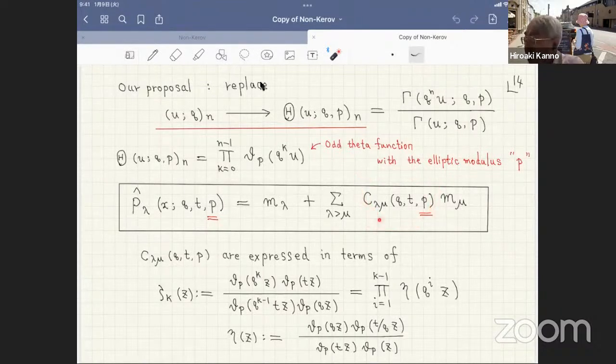Now, of course, this coefficient depends on additional parameter P, and this coefficient can be expressed in terms of this combination of theta functions, which I will denote zeta k, not gz, zeta k. It is very interesting that this deformation is expressed in terms of this special combination or special ratio of theta functions.